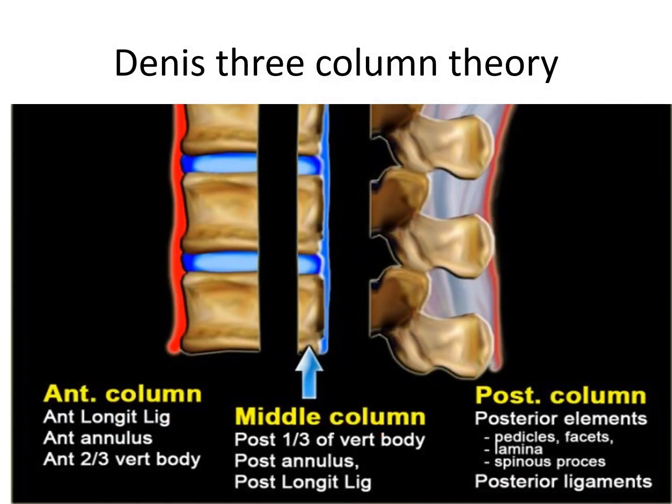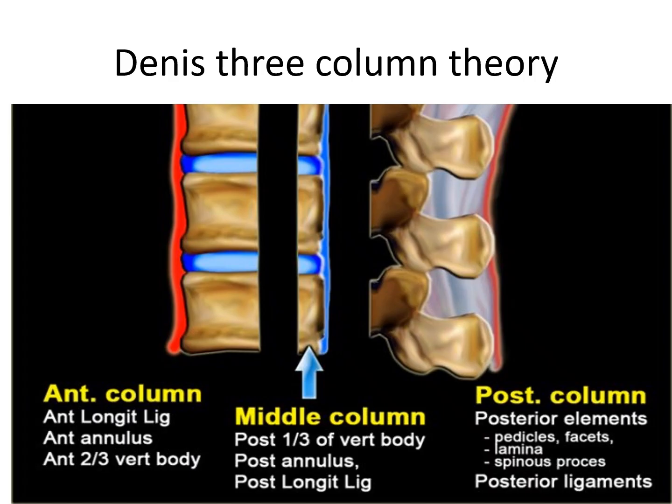On CT scan, we see the Denis three-column theory, where the spine is divided into 3 columns: the anterior column, middle column and posterior column. The anterior column includes the anterior longitudinal ligament, denoted by the red, the annulus, we can see here, and the anterior 2/3 of the vertebral body. So this blue is the vertebral body.